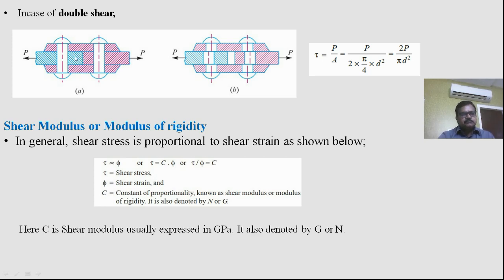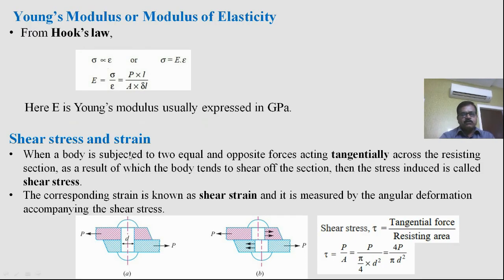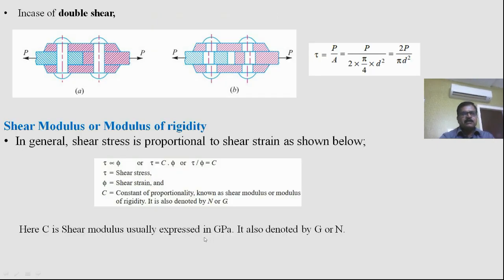A riveted joint with the double straps or two cover plates is known as a butt joint with two cover plates. When you have a single cover plate, it is known as a butt joint. When you have it like this, it is a lap joint. In a lap joint, the rivet is subjected to single shear. In a butt joint with a single cover plate, the rivet is subjected to single shear.